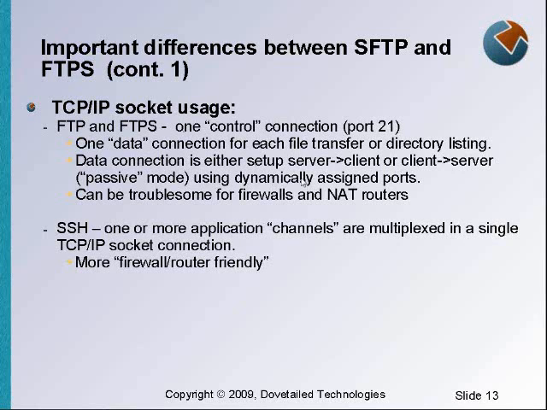This might have seemed like a good idea back when the internet was a baby, when FTP was designed. But this has a lot of problems and can be troublesome for firewalls and NAT routers, as you can imagine. And it's even compounded worse with FTPS because the control connection is typically encrypted.